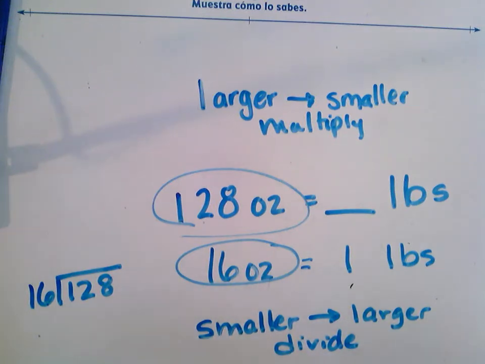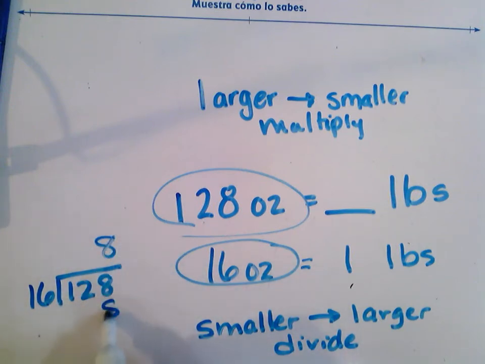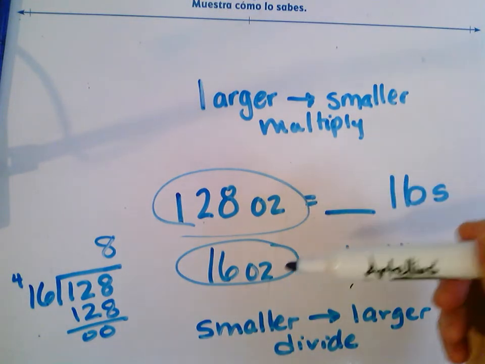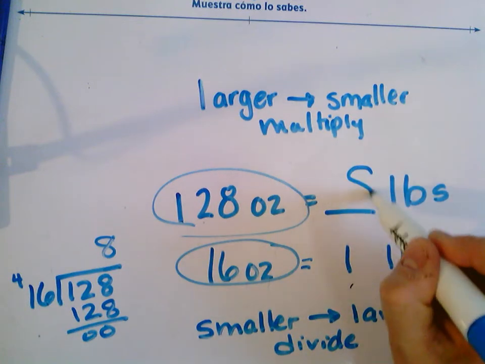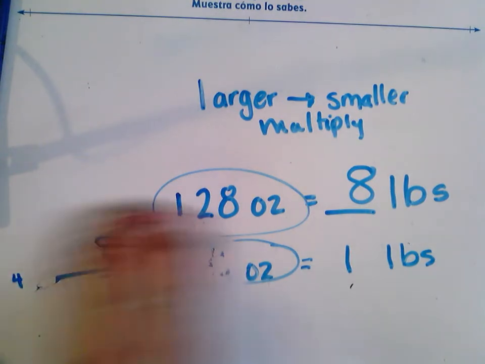I remember from our last problem that 7 times 16 was 112, so I'm going to try 8. 8 times 6 is 48. 8 times 1 is 8 plus 4 more. Perfect. I didn't get any remainder. So 128 ounces divided by 16 is 8 pounds.